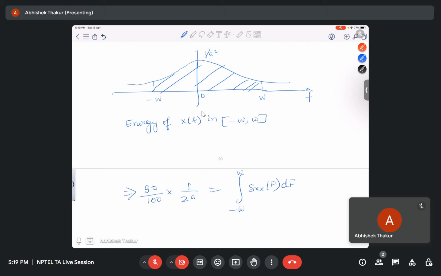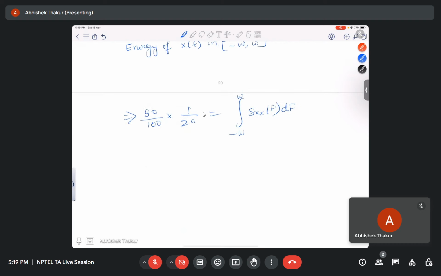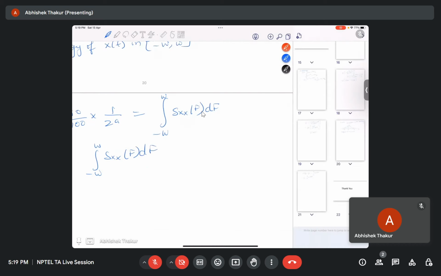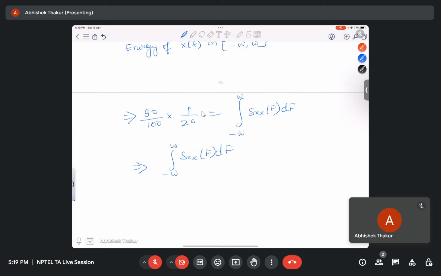Okay, so now we have to find omega. So this value is equal to 0.9 by 2a, and this is the integration of the power spectral density.